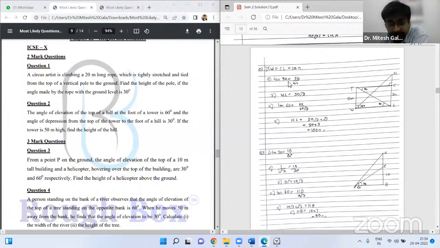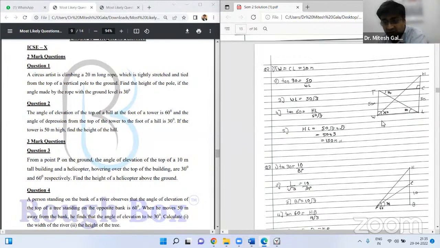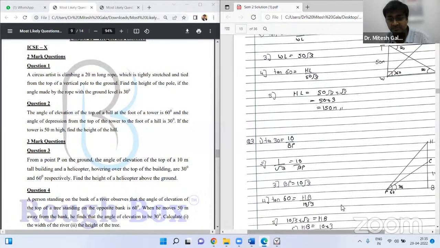What have they done? Tan 30 they've applied first. That is this one, and found WL. And then tan 60 they took this full triangle. Base is known. Find the opposite side again. And your answer should be 150 meters. Anybody getting 150 meters? Yes, sir.